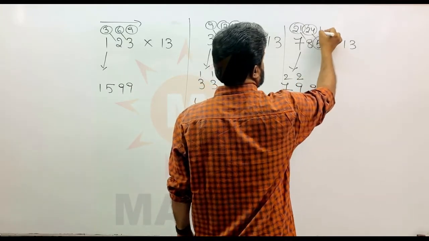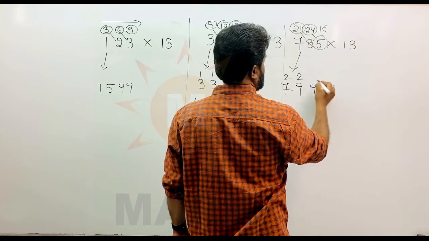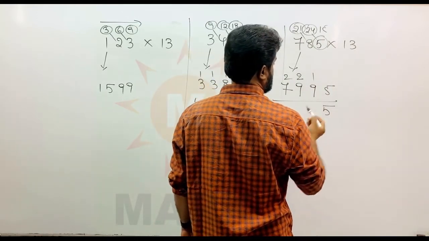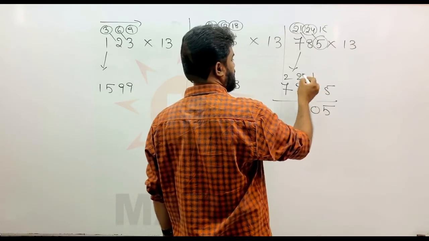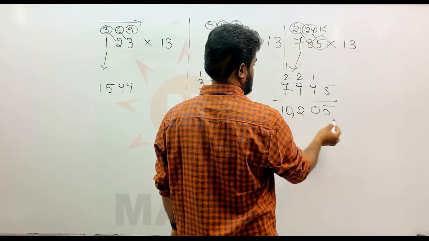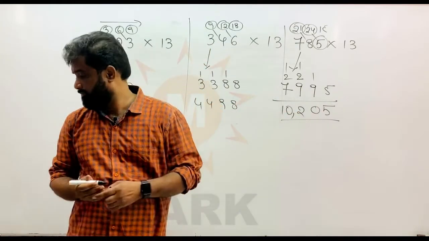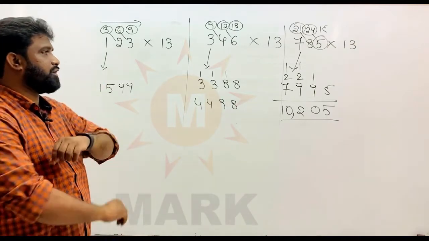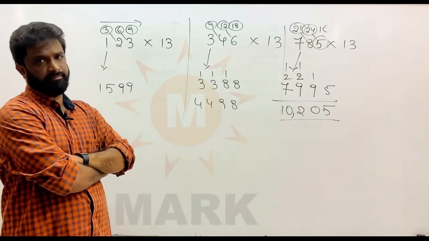What is triple of 5? That is 15. So 5 here, 1 here. So clearly I can say here this is 5 and this is 10 and this is 2 and this is 10. So 10,205. 10,205 is the product of 785 and 13.